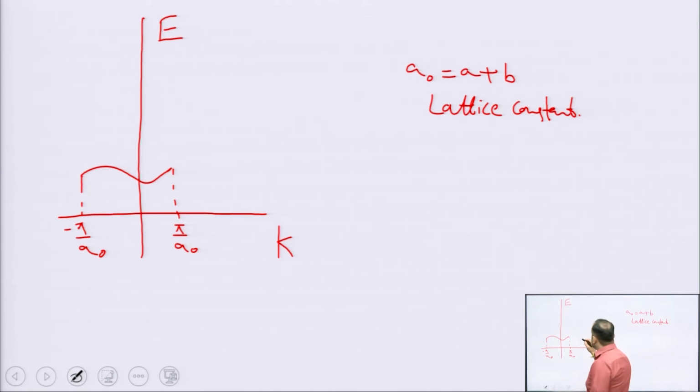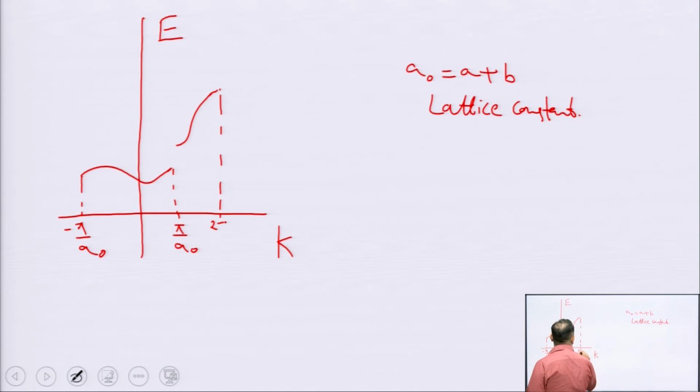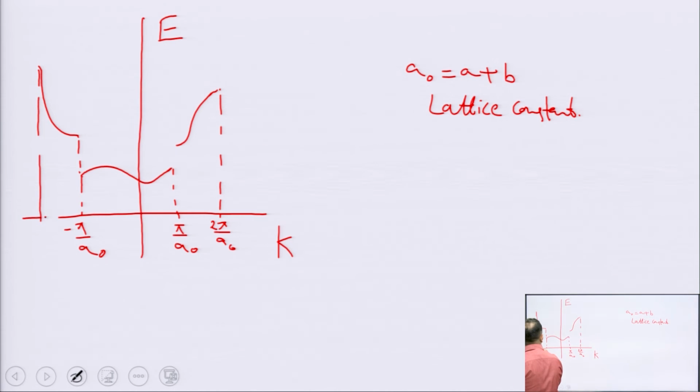You see that there is a sudden jump and you see another parabolic behavior at about say 2 pi by a naught, and same thing here, minus 2 pi by a naught. Why do we see a parabolic behavior?